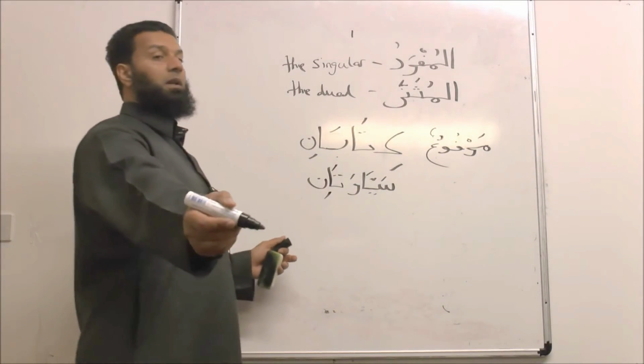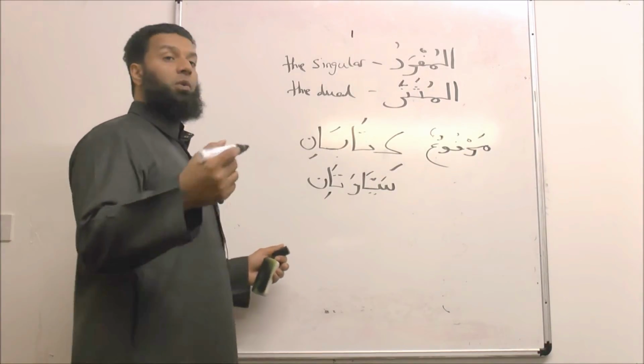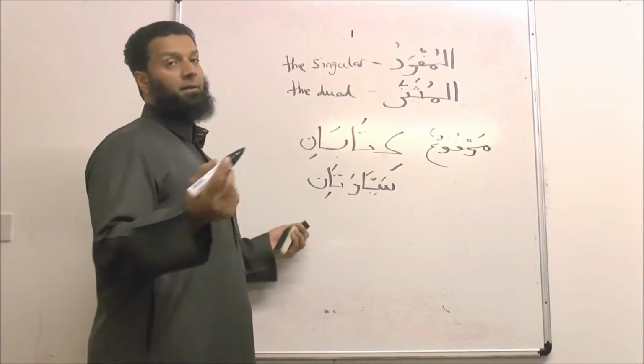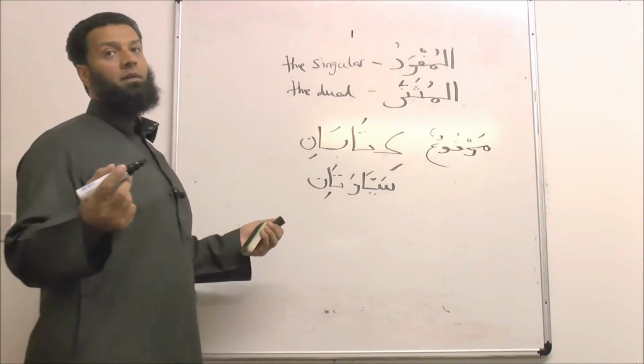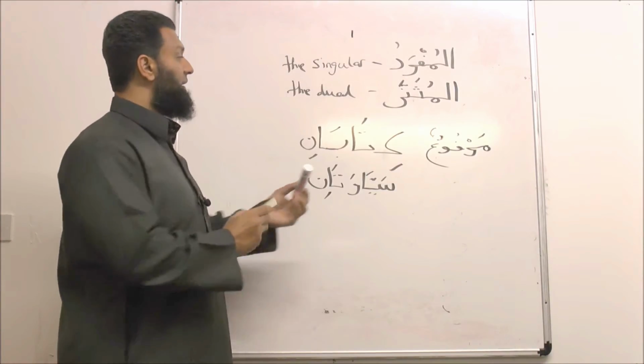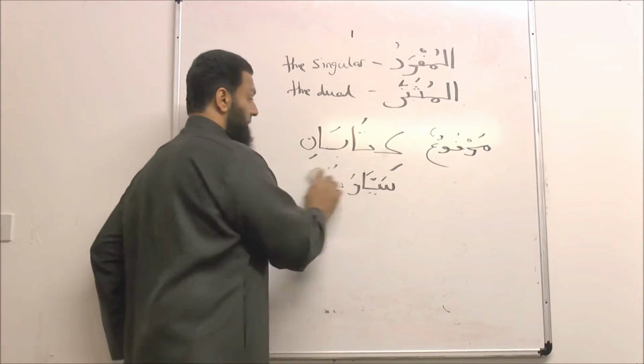A table is tawilatun. Want to say two tables, we say tawilatani. Right, and so on and so forth. So that is the marfu'un state, the alif and the noon.